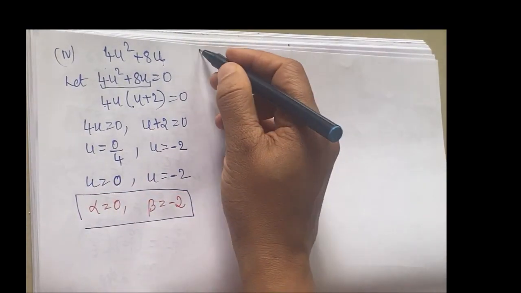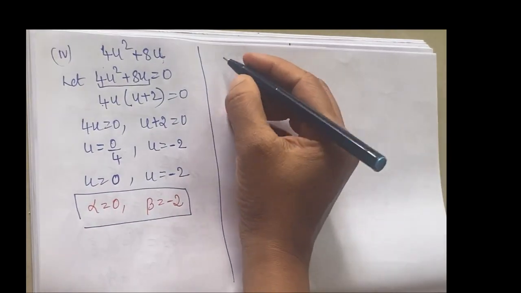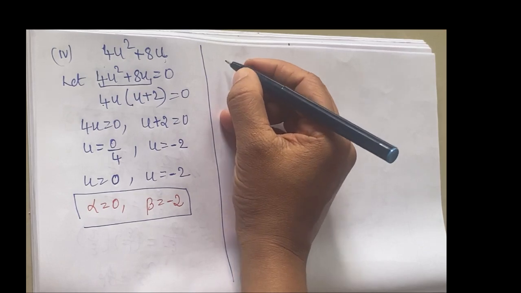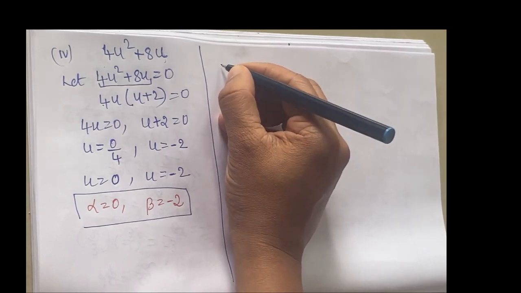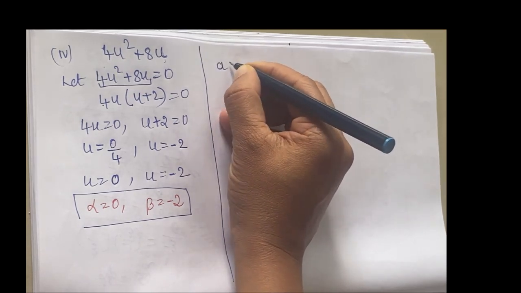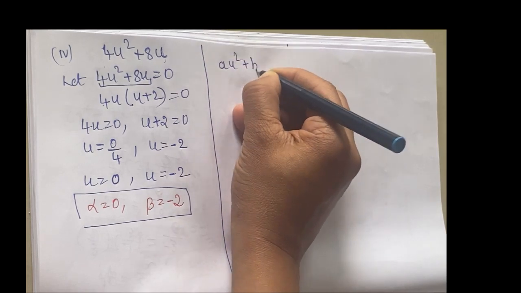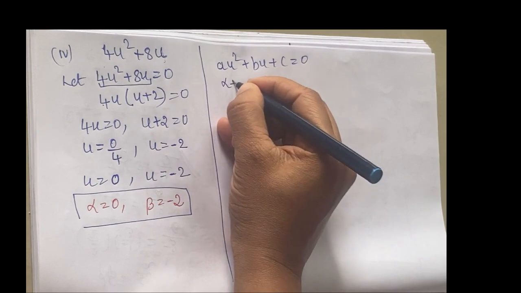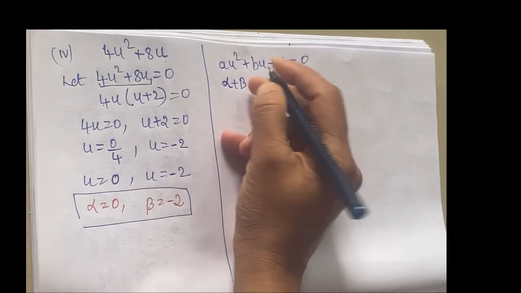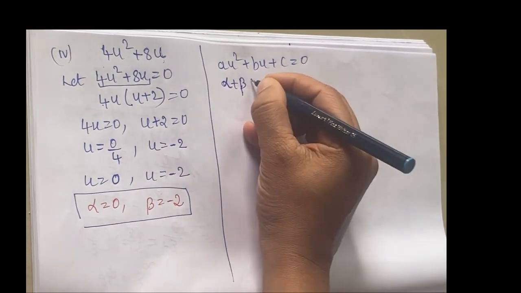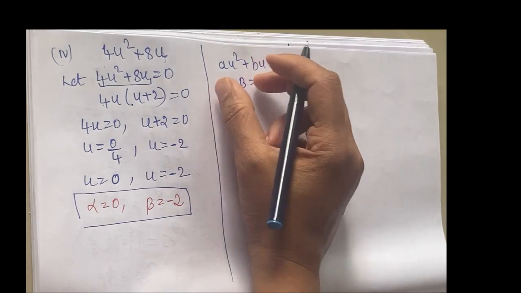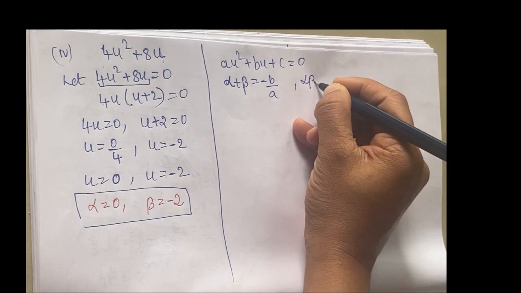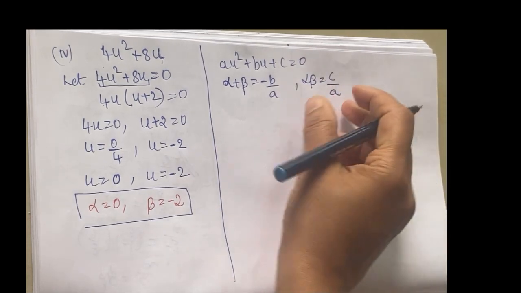Next we need to check the relationship between alpha, beta and the coefficients a, b, c. Suppose the equation is like this: a u square plus bu plus c is equal to 0. Then the sum of these zeros, alpha plus beta, is equal to minus b by a, and the product alpha beta is c by a.